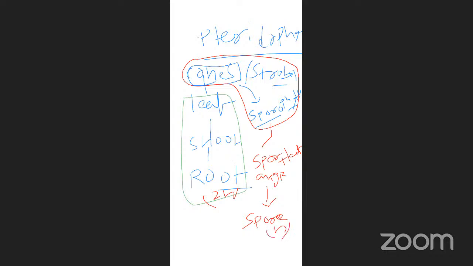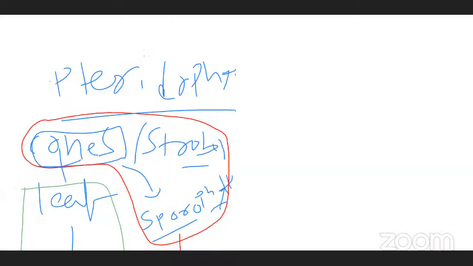Now this haploid spore further develops into the gametophyte. The ploidy of the gametophyte is haploid. Now, is the gametophyte dependent or independent? Independent. That is the important feature of the pteridophyte. In Pteridophyta, both sporophyte and gametophyte are independent.